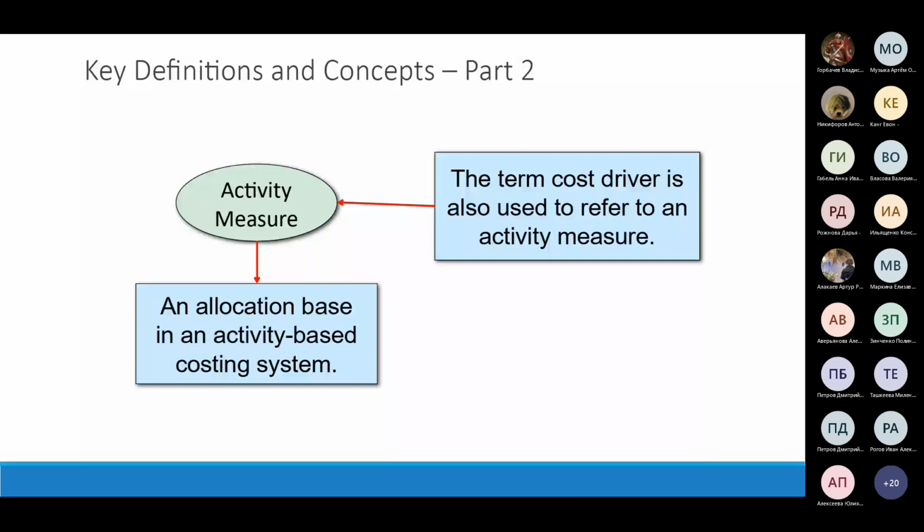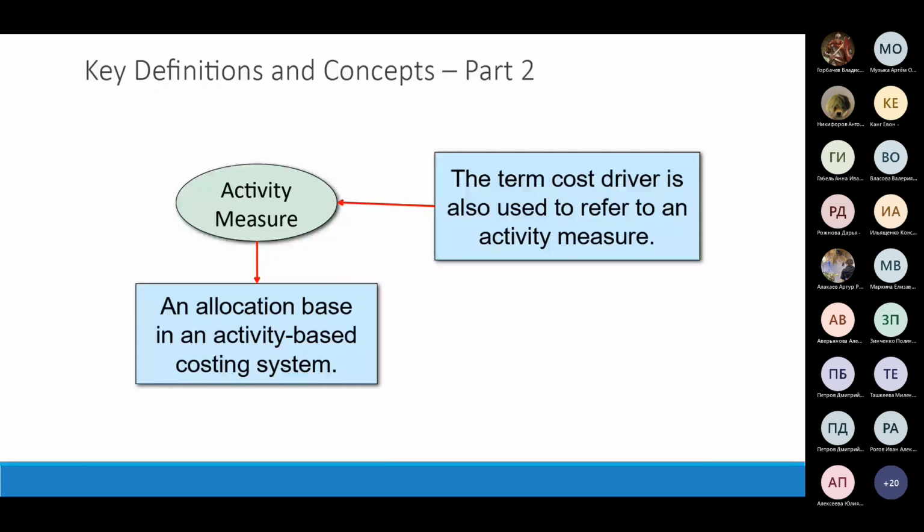So an activity measure is always a concrete measurement that is used to allocate the overhead to a specified basis. The term cost driver is also used to refer to an activity measure. So our activity measure could be a cost driver in this costing system.